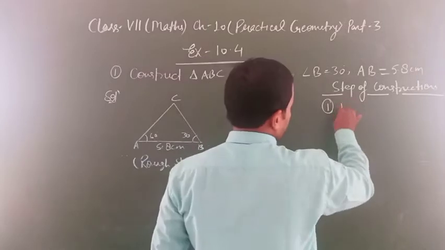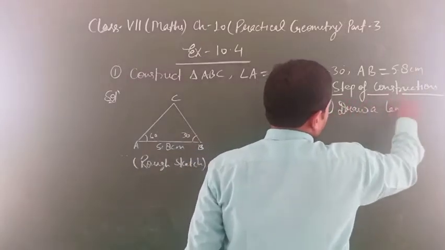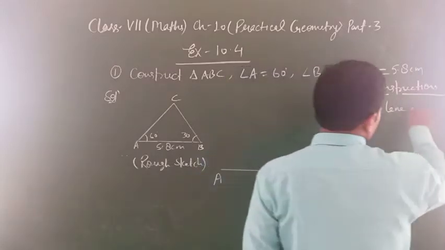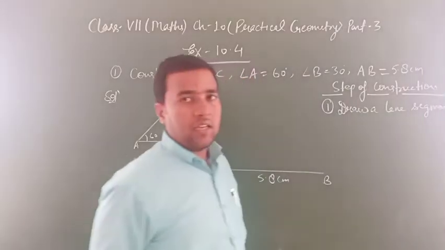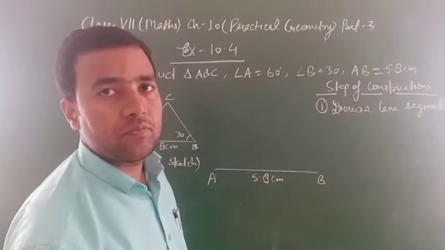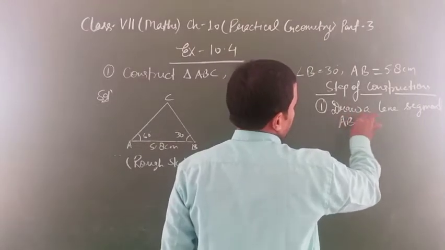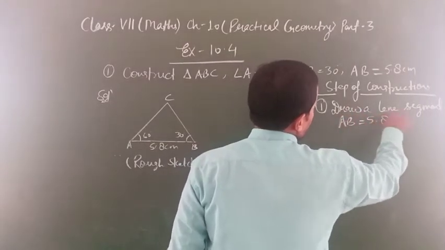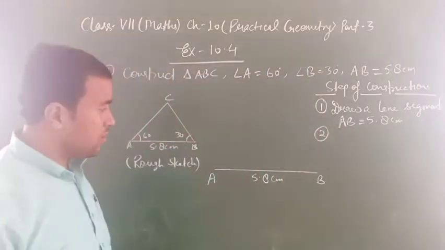So first step, draw a line segment. Draw a line segment AB equal to 5.8.